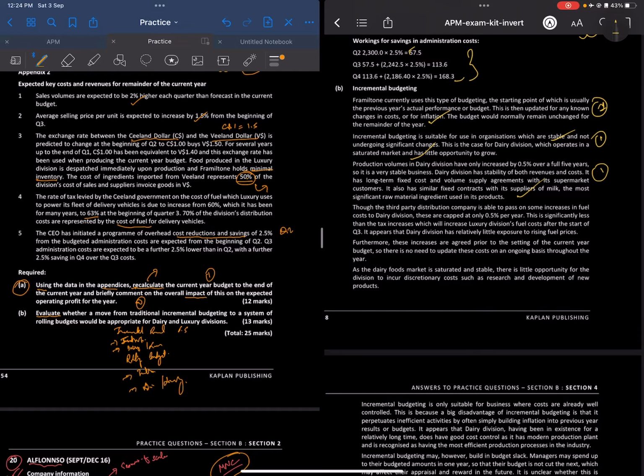And regarding the delivery fuel expense, right? So this is another thing where they talk about the fuel cost.